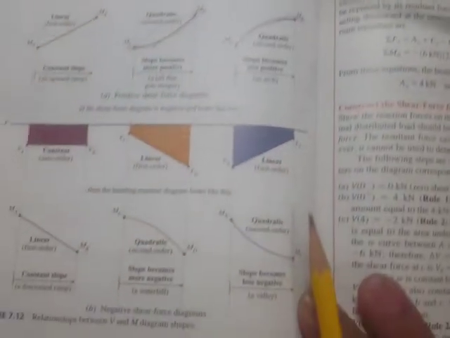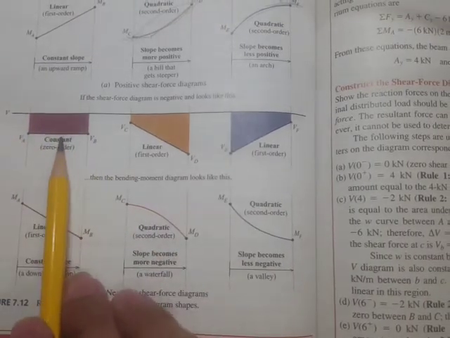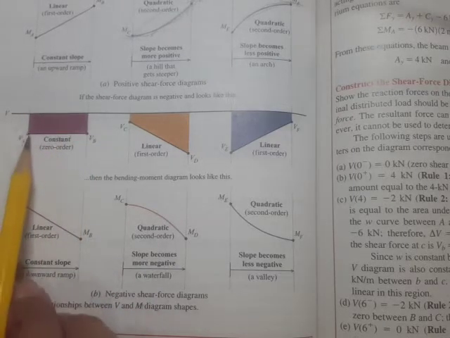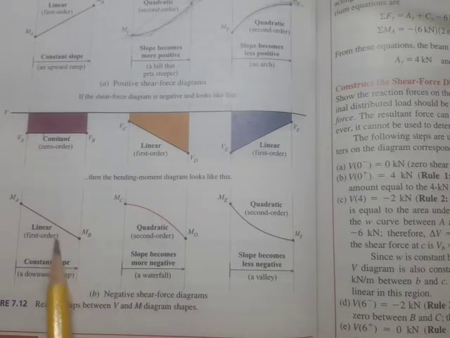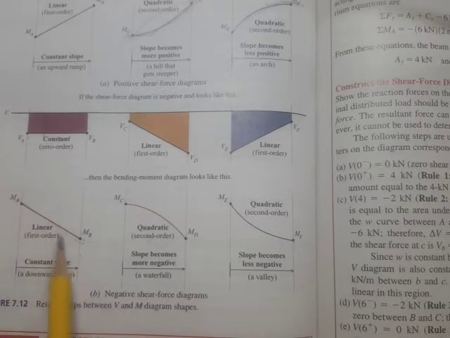And right here at figure B, if we have a constant but negative shear, because it's below the zero line, then our moment diagram would be going downward. It's linear, but it's going downward.